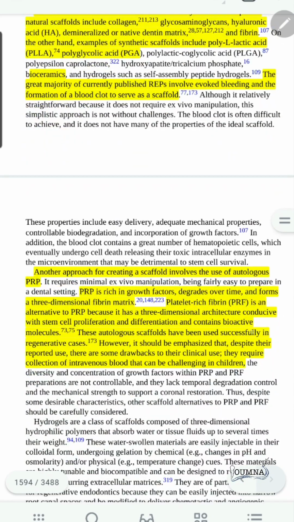Also, we can use platelet-rich fibrin, the PRF, because it is rich in growth factors and has a three-dimensional architecture conducive to stem cell proliferation and differentiation, so it has a bioactive mechanism.